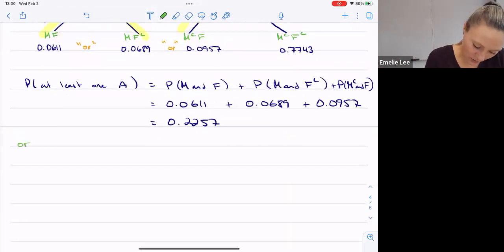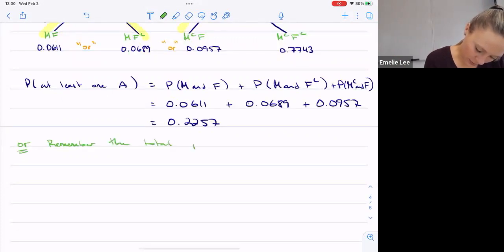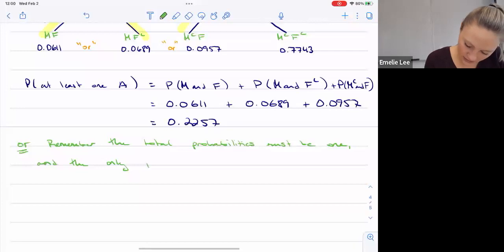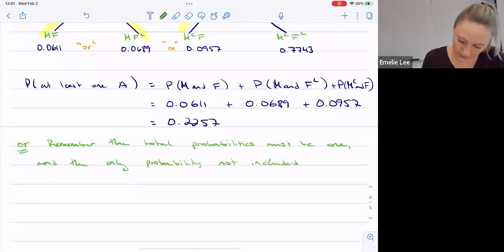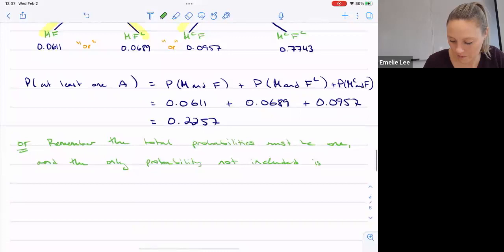So here I'll say, or, remember the total probabilities must be 1. And the only probability not included is 0.7743.